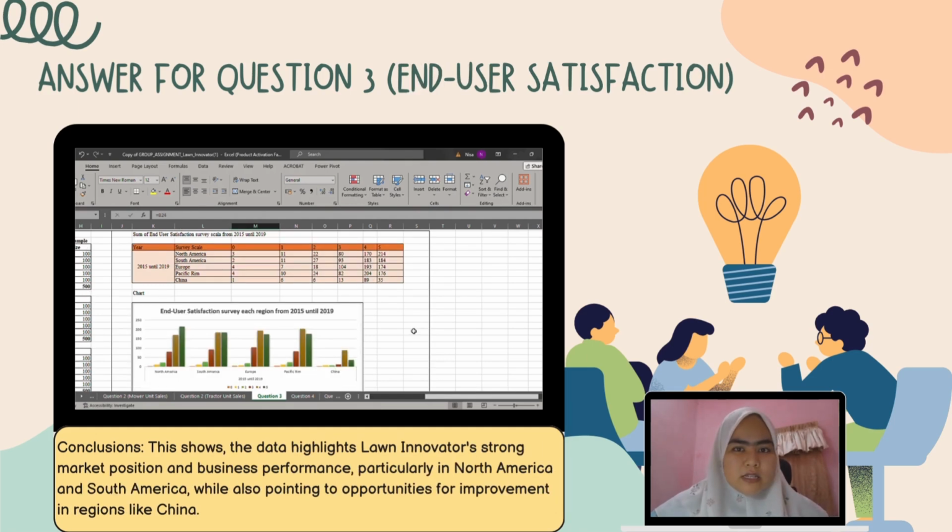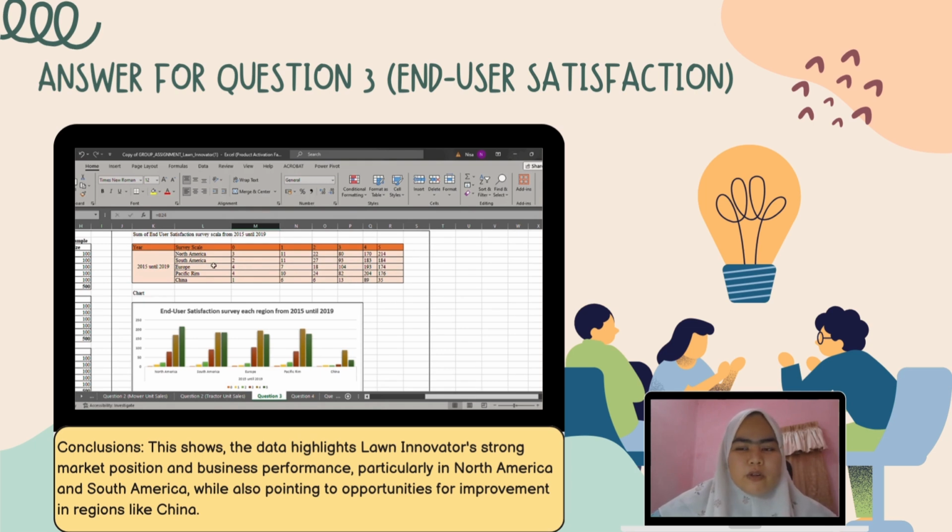The next is the end user satisfaction survey data from 2015 and 2019, which indicates strong overall satisfaction across all regions, with North America leading at score 5 with 214 responses, showing significant support at score 4 with 170 responses, and score 3 with 80 responses.